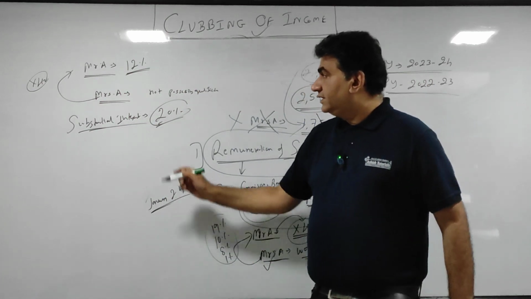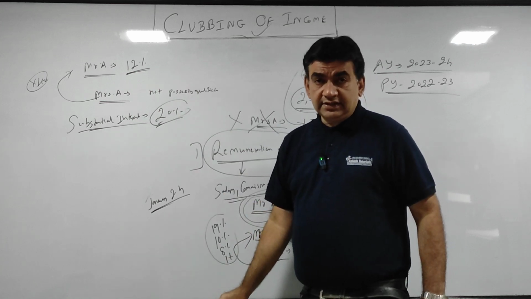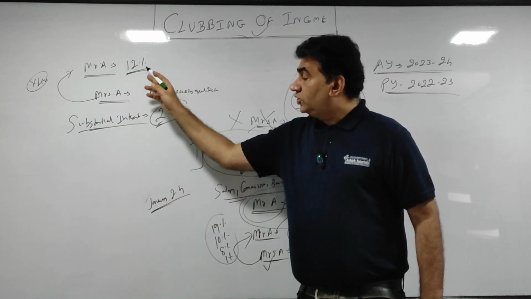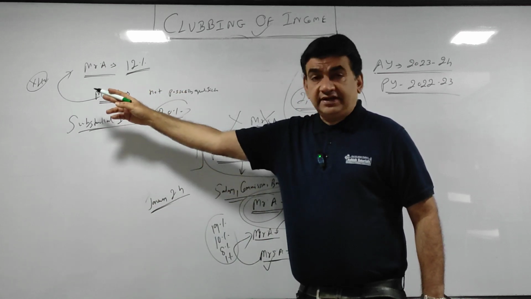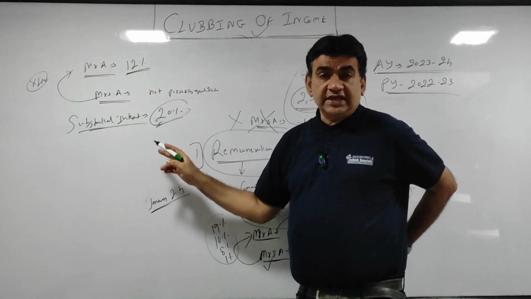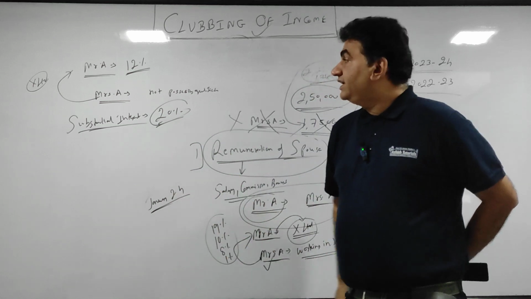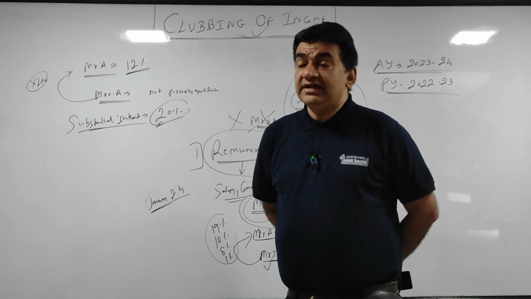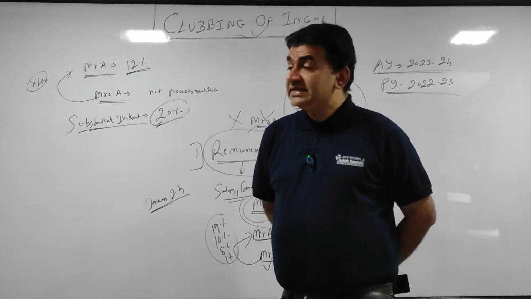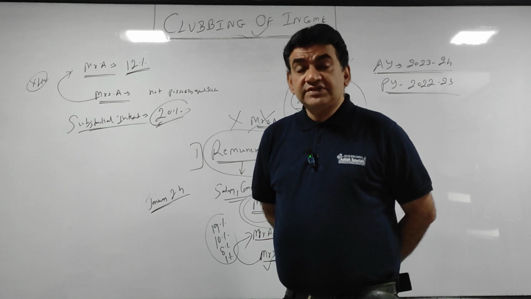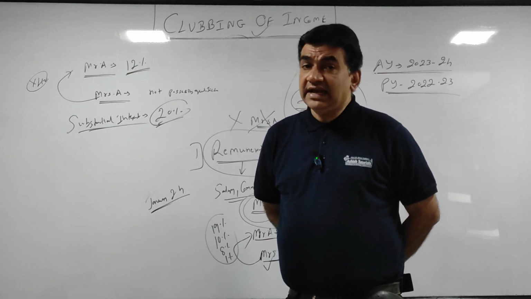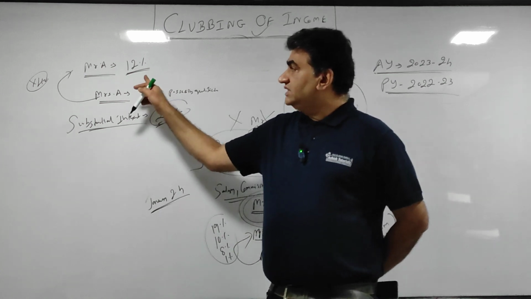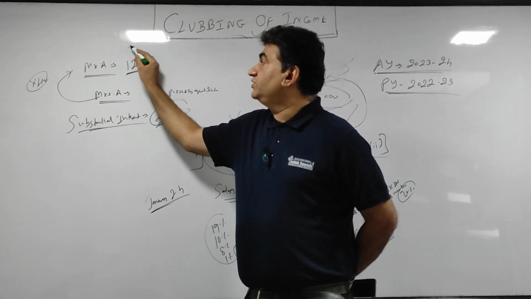Mr. A is holding 12% shares of X Limited, where his wife is working and she doesn't have any professional or technical qualification. Now look, because this is less than 20%, clubbing provision will not apply.